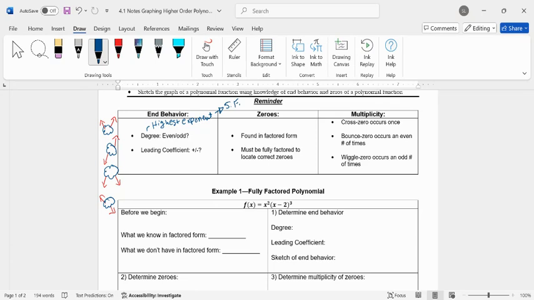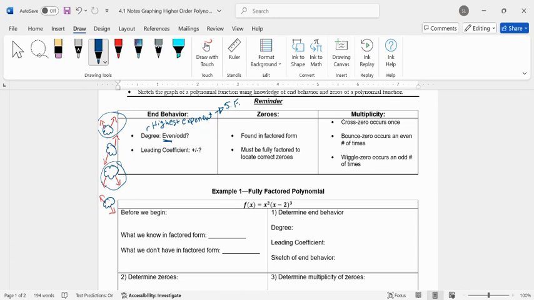If you are even, think about an even function from chapter 1. You're going to mirror the end behavior on the left and the right side because you have symmetry over the y-axis. So remember, x squared was an even function. It was symmetrical over the y-axis. Negative x squared was symmetrical over the y-axis.